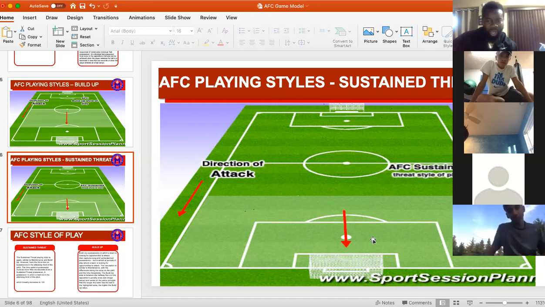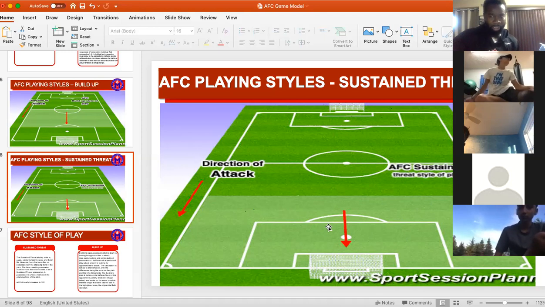When you're in this area, it's easier for you to score a goal than keeping the ball here or over here. So we call this sustained threat. When you lose the ball, you just stay up high in this area. When you're in possession, you want to play up high in the area. That's what we call sustained threat.